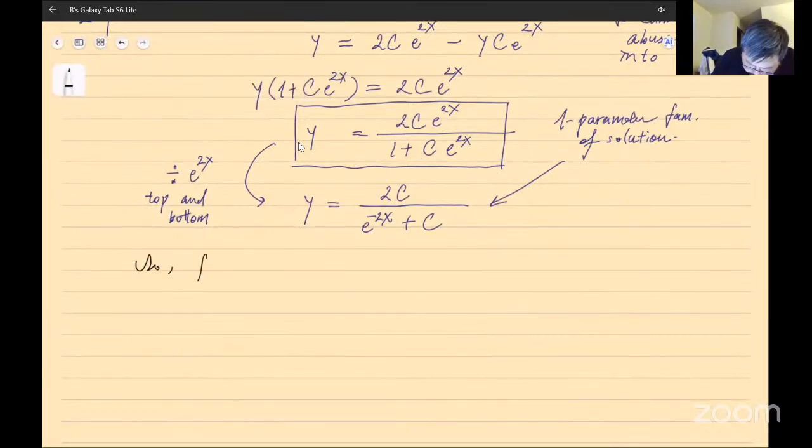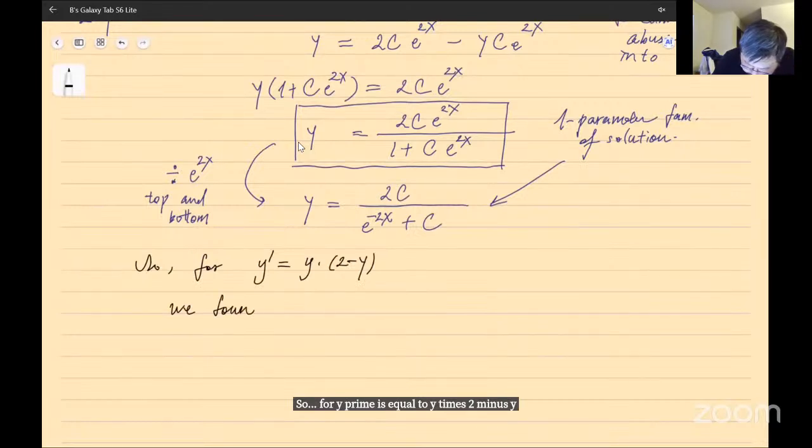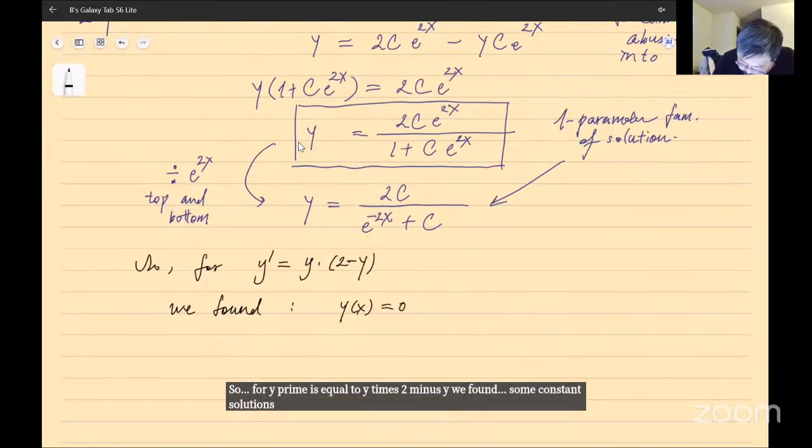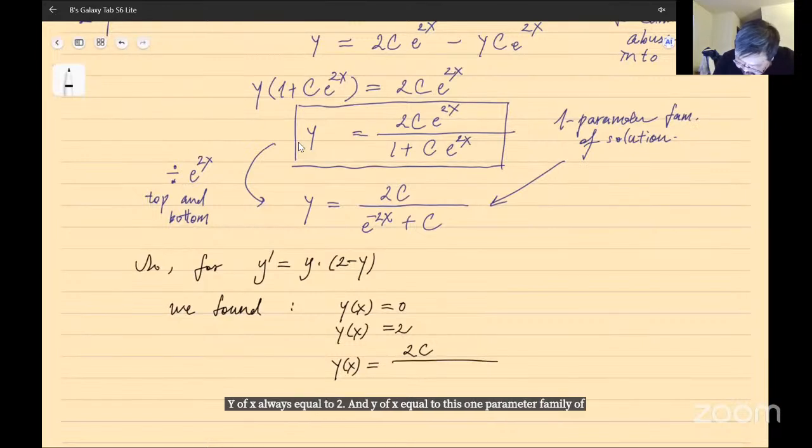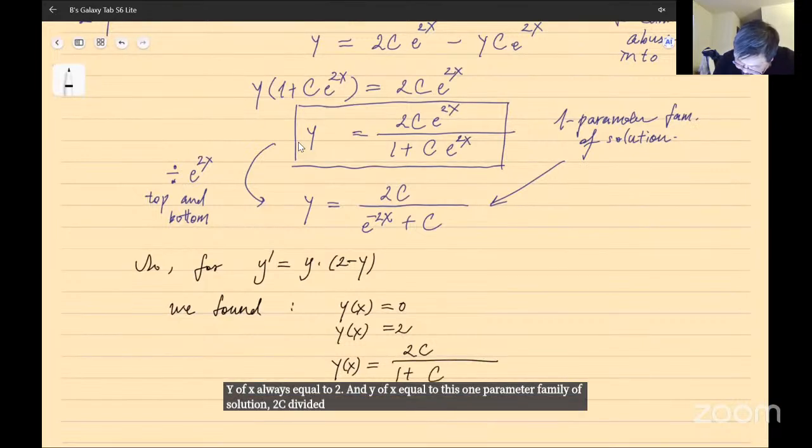For y prime equal to y times 2 minus y, we found some constant solutions, y of x always equal to 0, y of x always equal to 2, and y of x equal to this one parameter family of solutions, 2c divided by 1 plus c e to the 2x, for any c.